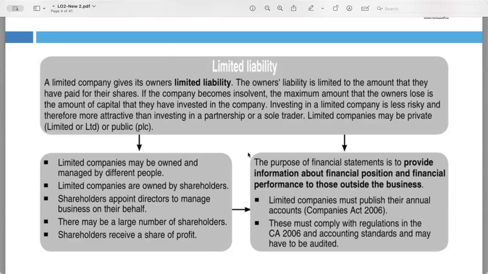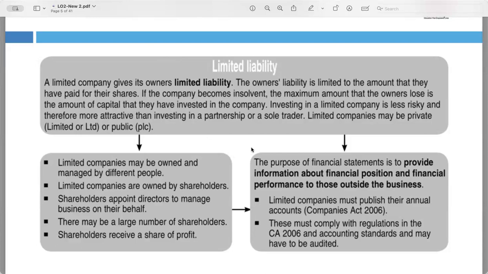The purpose of financial statements for limited companies is to provide crucial information about the financial position and performance to external stakeholders such as investors, creditors, and regulators. Under the Companies Act 2006, limited companies are required to publish their annual accounts.